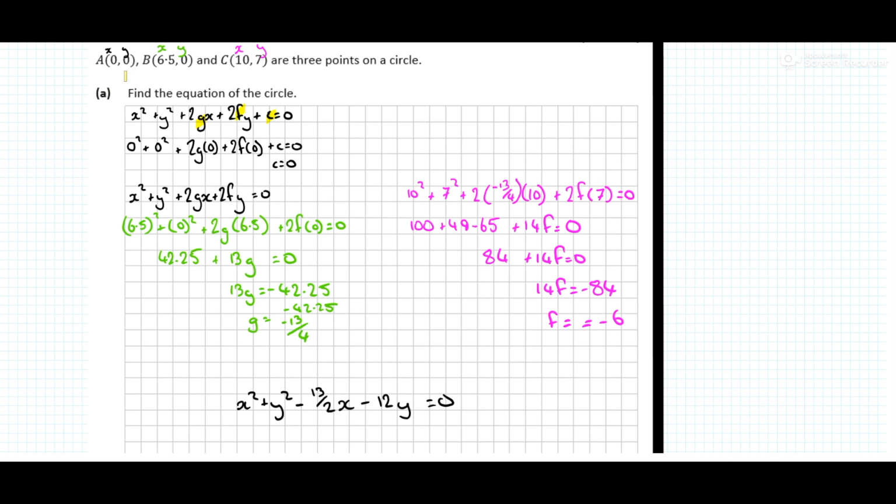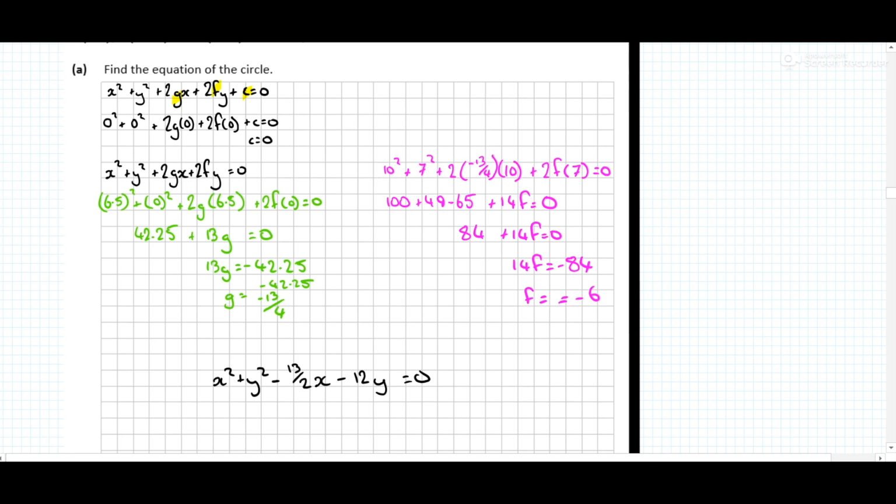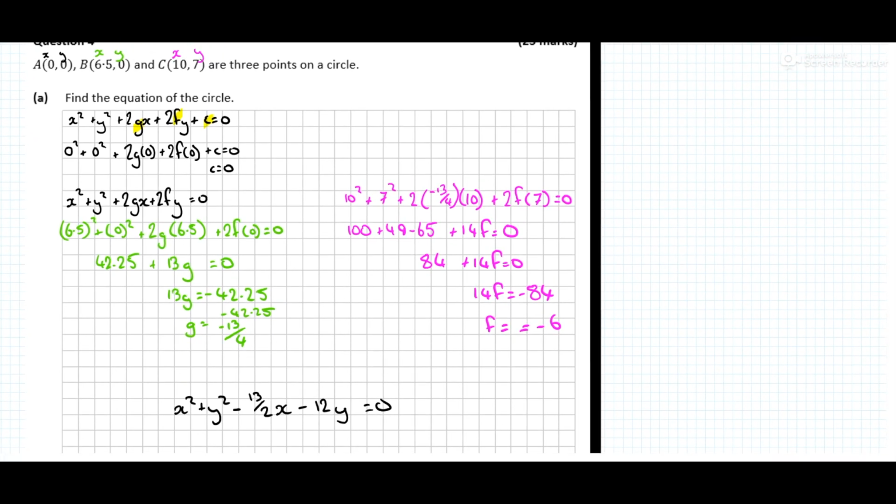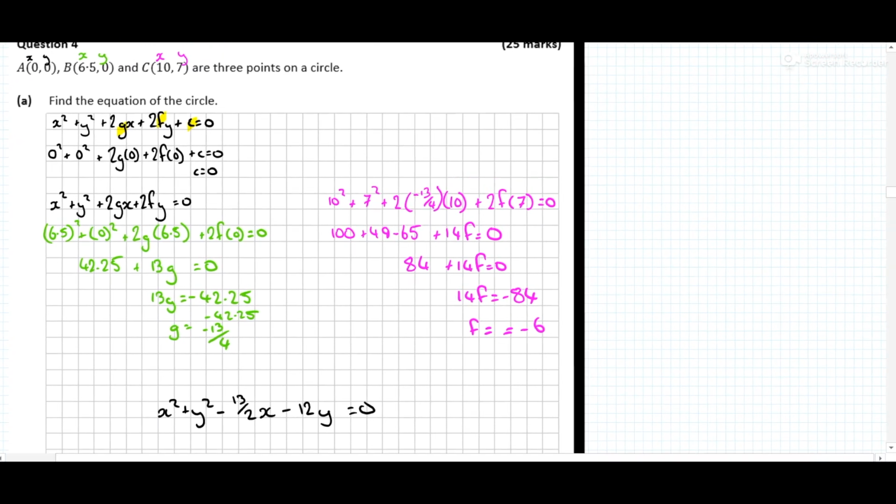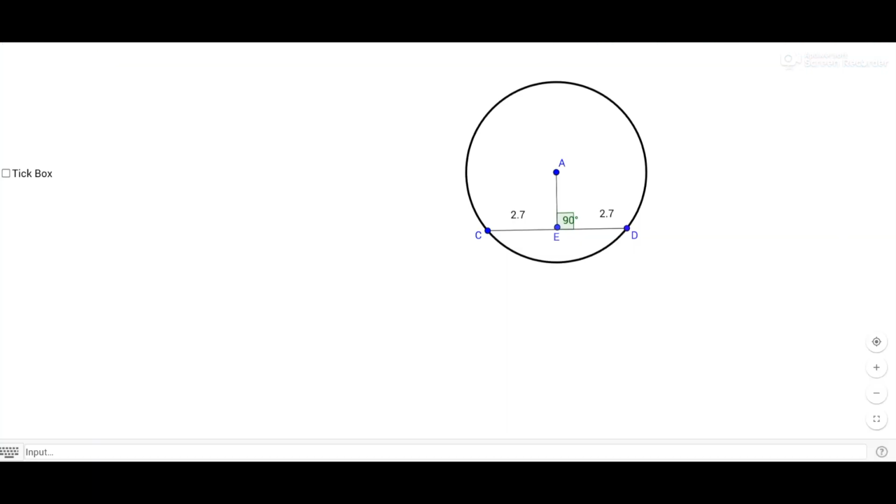Okay. Another way of approaching this question, so I'm going to actually write this all on the side, is, well, it's easier to show you first of all, is to think of it like this. So we've been given 3 points, but imagine we just had 2 points that are on the circle. Okay, so we know if we were to join the 2 points up to form a chord, find the midpoint of the chord.